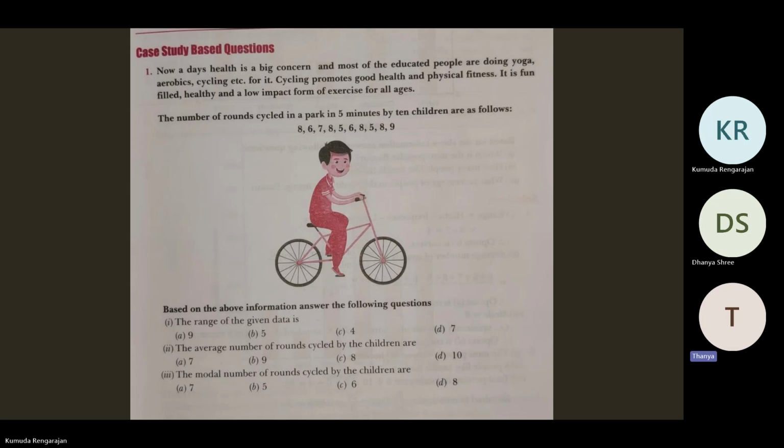Is it option C? 4. What's the formula to find range? Largest value minus smallest value. Correct. Highest value minus lowest value. 9 minus 5, 4. Correct.